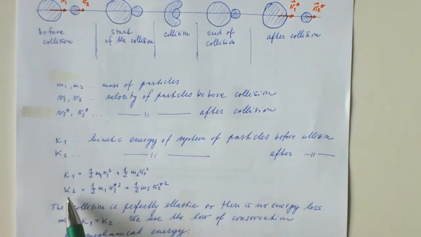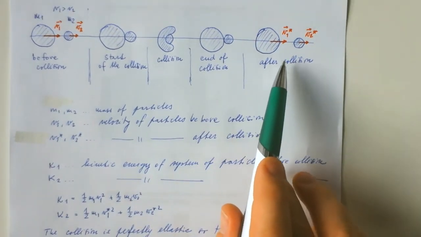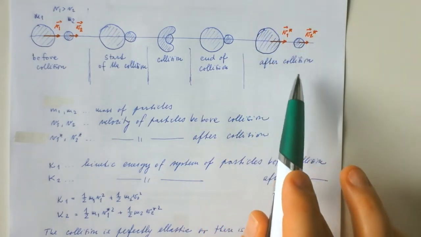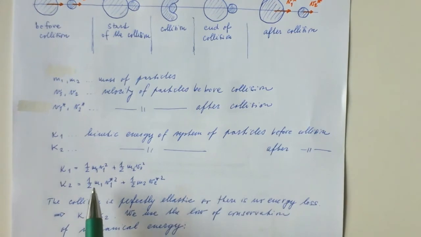After that, we can get the kinetic energy of the system of particles after the collision. So it's this, 1/2 of m1 v1 with star square, where v1 with star is the velocity of the first particle after collision, and the same here.